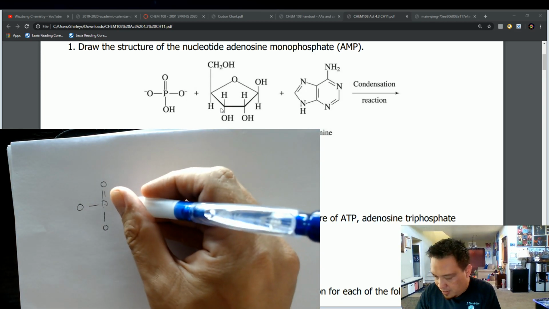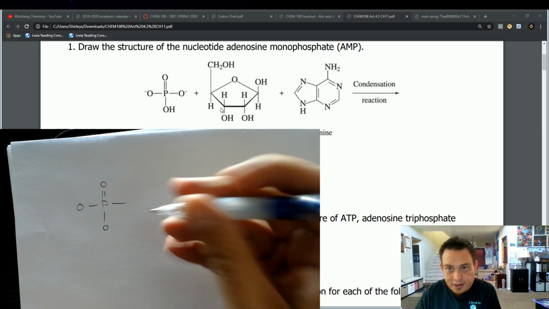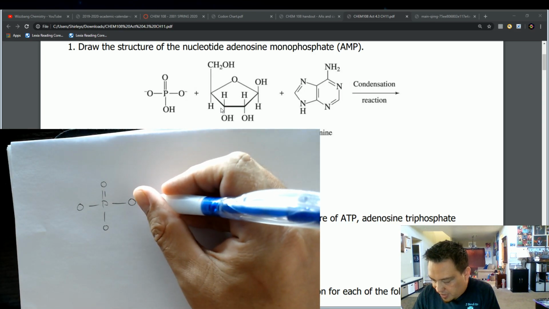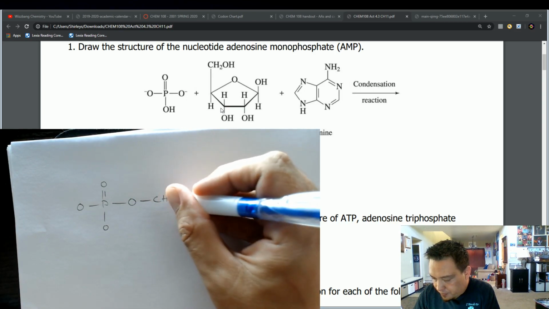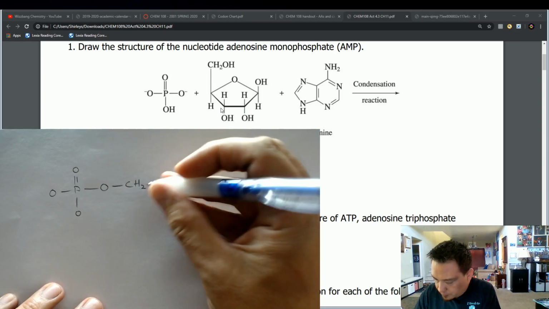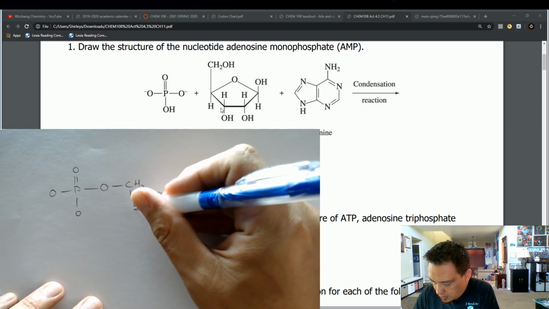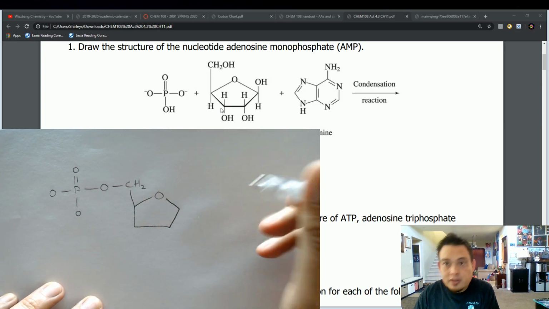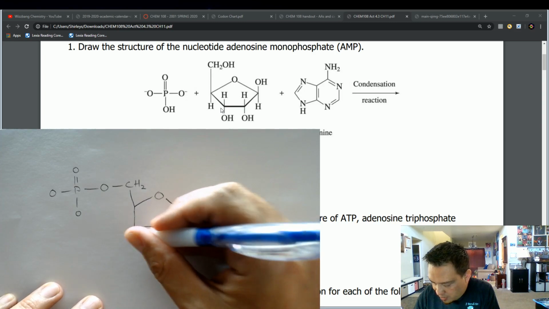And then this is our OH that I'm drawing here. This is going to have a bond to the CH2 that's part of your ribose there. And then we have our sugar piece. And then we have our hydroxyls here.